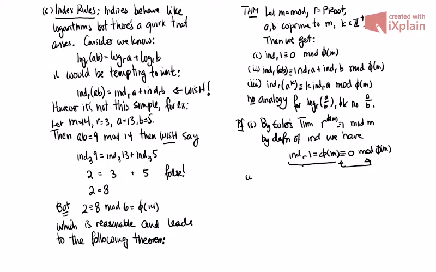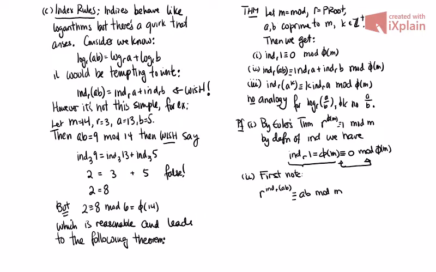So 2 is a little sneakier, but it's actually not difficult at all. We're going to note 2 things and put them together. If you take r to the index base r of ab, of course you get ab mod m. This is because the definition of the index is saying what power do I raise r to get ab, and then I raise r to that power, and I get ab mod m.